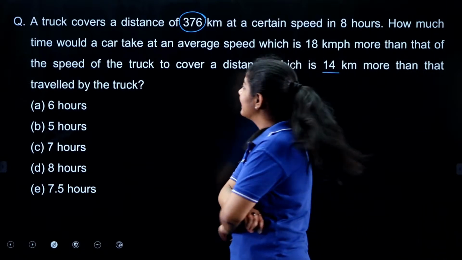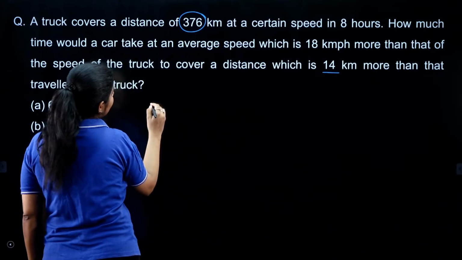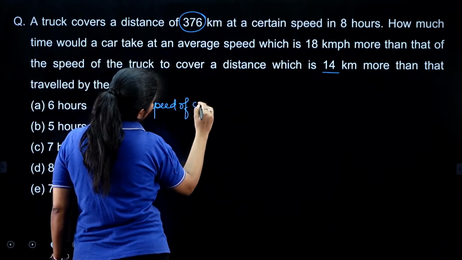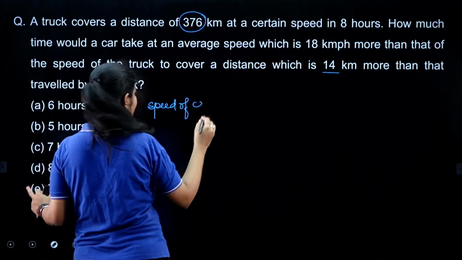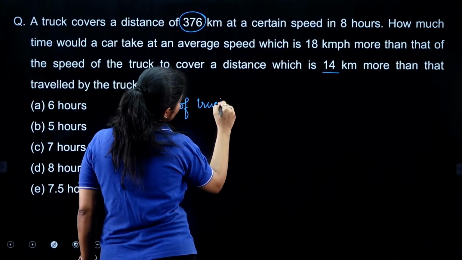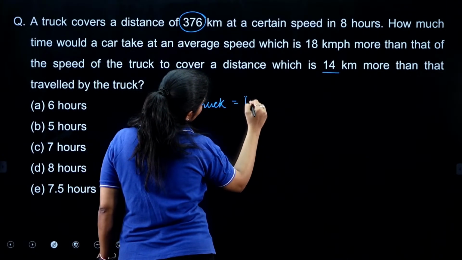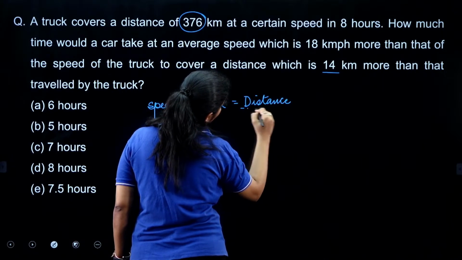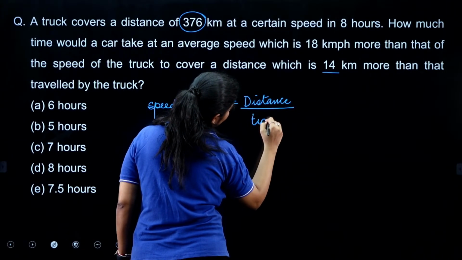The question is very simple. First we need to calculate the speed of the truck, not car, the speed of the truck. This can be calculated with the help of distance upon time, right?